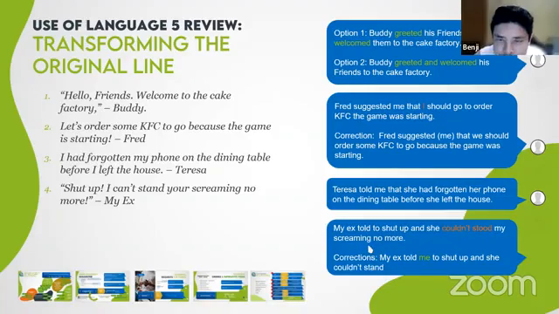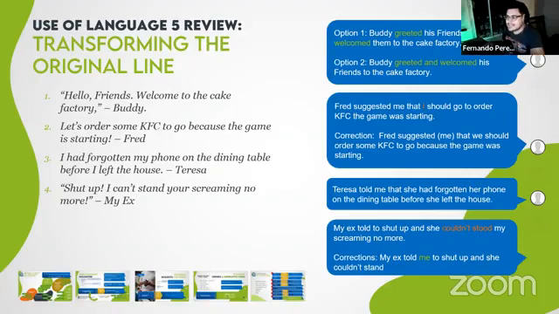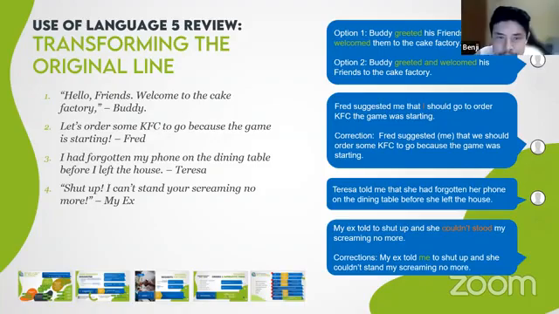Exactly, she couldn't stand my screaming. No more. Why did you make modifications in this case?